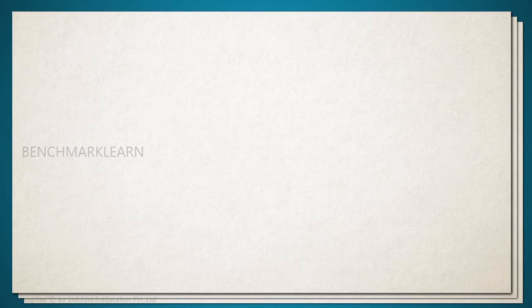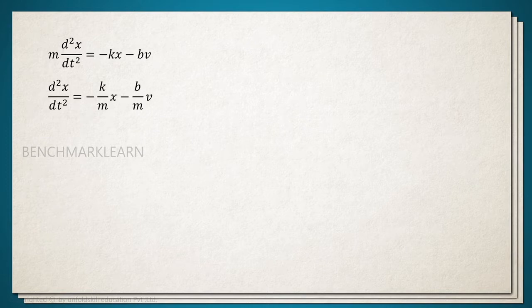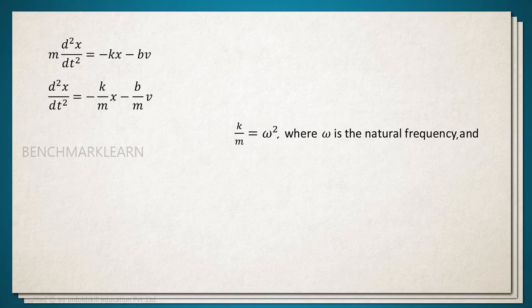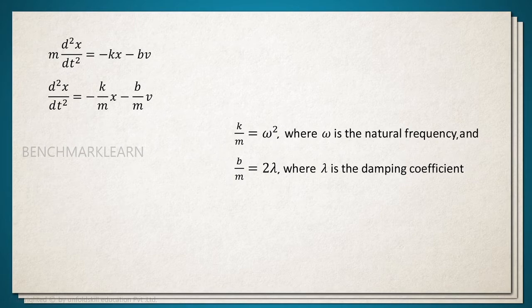Now the whole equation is divided by m. So what we get is d square x by dt square equal to minus k by m into x minus b by m into v. We know that k by m equal to omega square, where omega is the natural angular frequency. Now at the place of b by m, we are making a substitution. b by m equal to 2 lambda, where lambda is the damping coefficient.